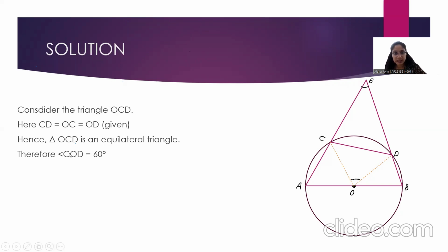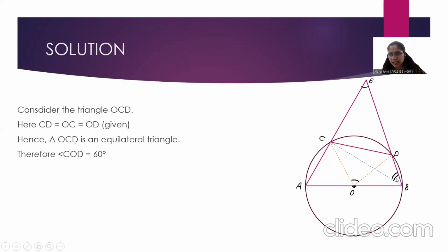So I have taken that angle COD equal to 60 degrees. Now I'm just joining the point C to the point B. Then an angle will be formed here, angle CBD.